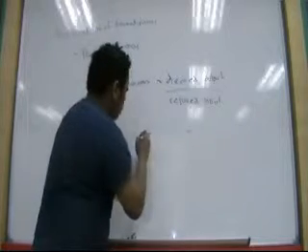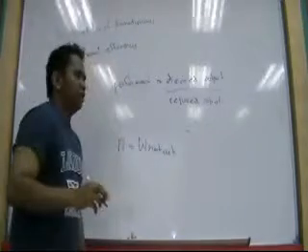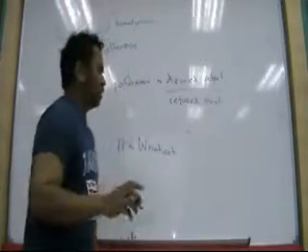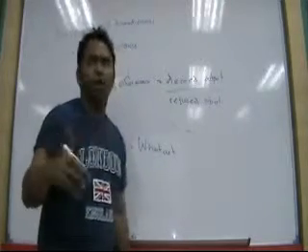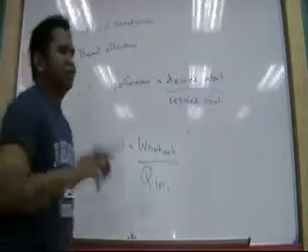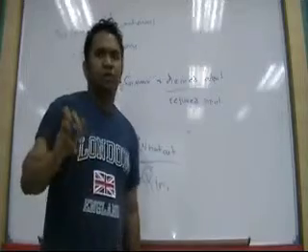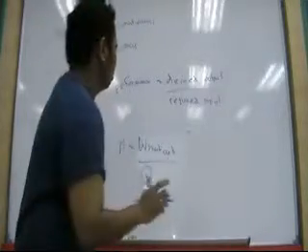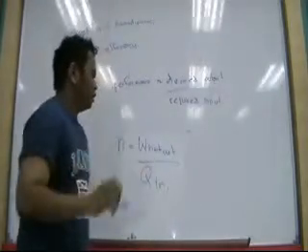Eta is equal to the net work that is released, that comes out of the system, over the heat that comes in. So the thermal efficiency can be concluded as the net work that comes out over the heat that comes in.